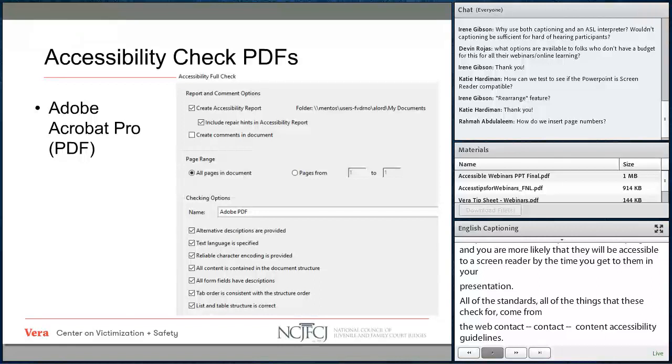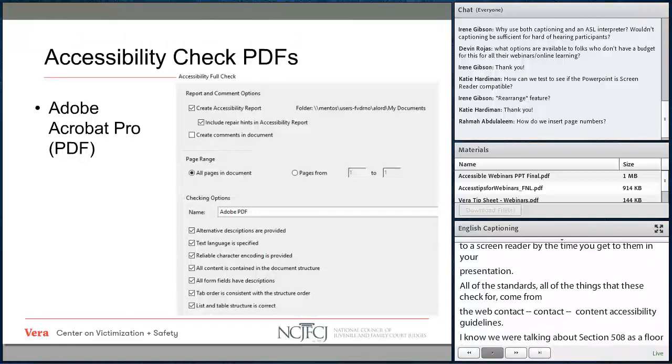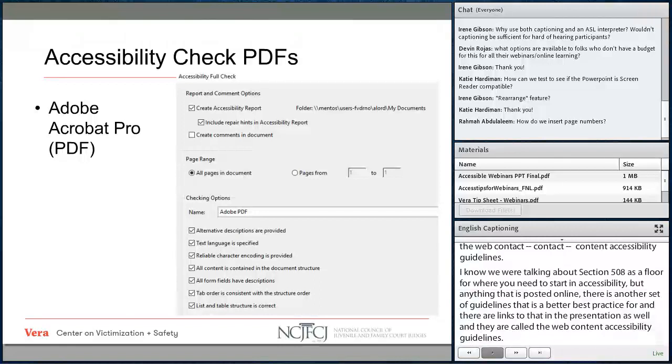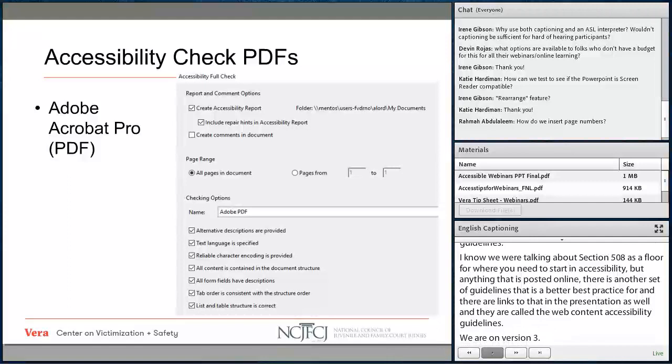They include anything that's been addressed in case law, as well as screen reader compatibility and any other standards that they believe should be universal across the board for web content.